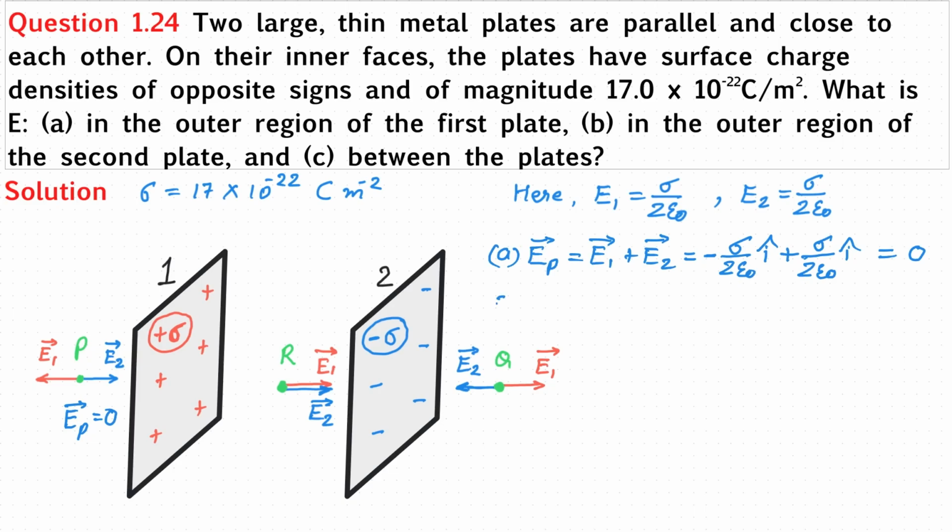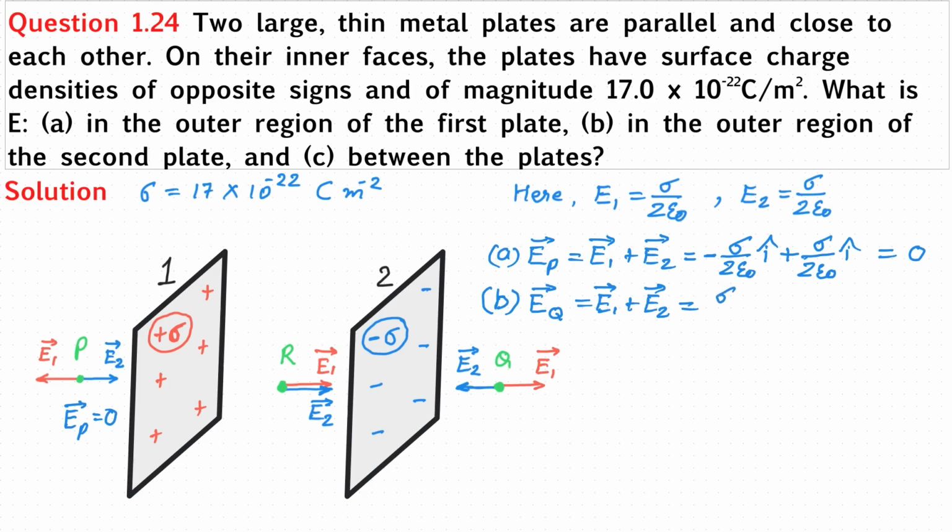The same will happen in the second answer. In the second answer, we need to find out the electric field in the outer region of the second plate. That means we have to find out electric field at point Q. Let me call it like EQ. Again here also EQ is E1 plus E2, the same equation. But here E1 will be, you can see E1 is in right direction.